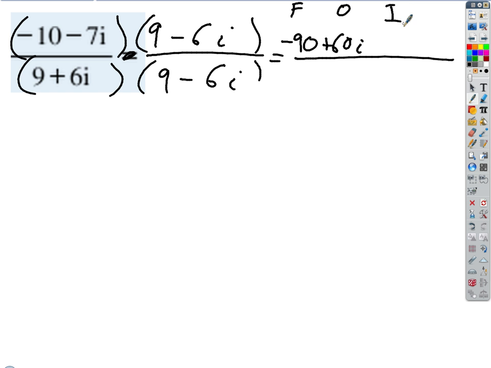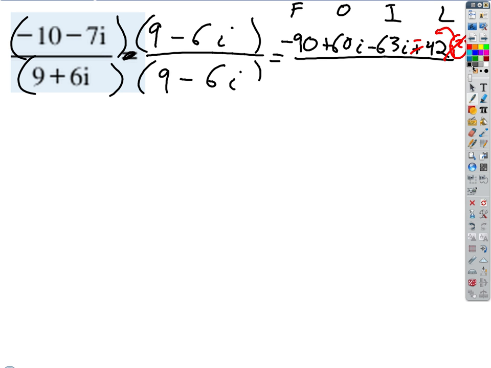Product of the inside terms, negative 63i. And product of the last terms, okay, so it's going to be plus 42, whoops, i squared. Good, exactly. But the i squared is going to change that to a minus, right? Negative 42, yeah. Okay, make sense? What about the bottom?